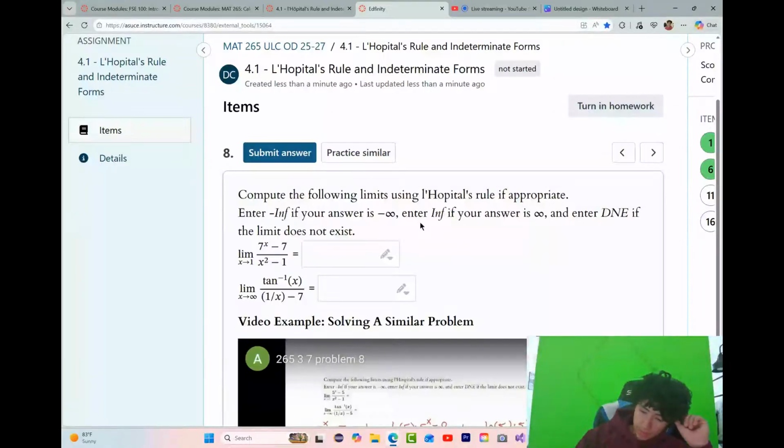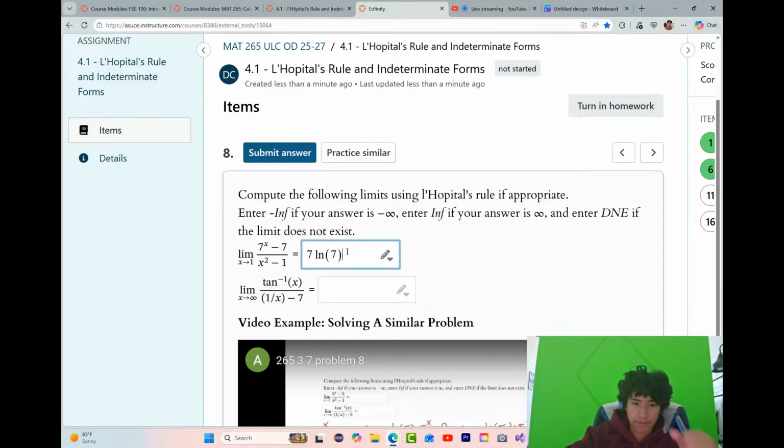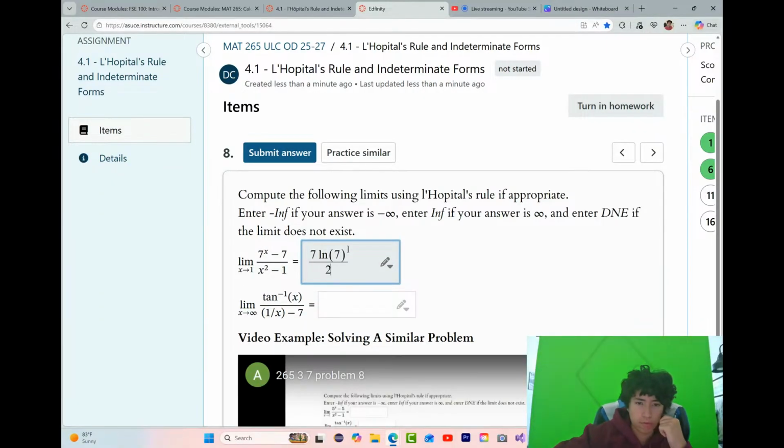So with x equal to 1, we have 7 times natural logarithm of 7 over 2. I think that's pretty good, right? 7 times the natural logarithm of 7 over 2.